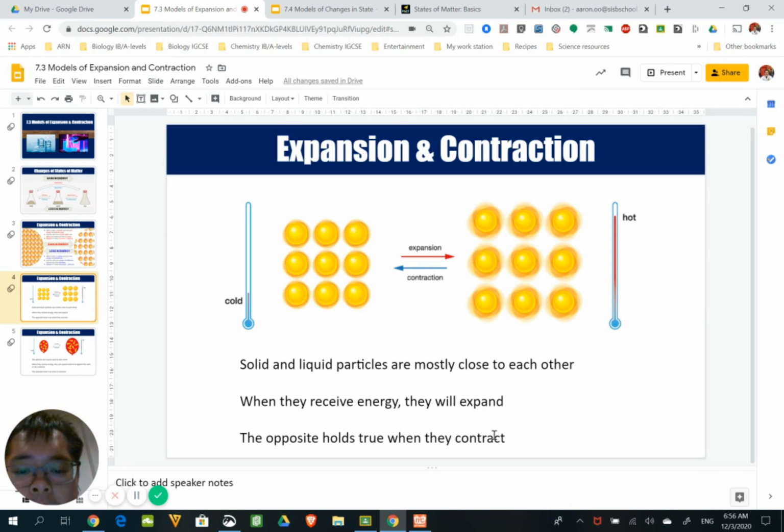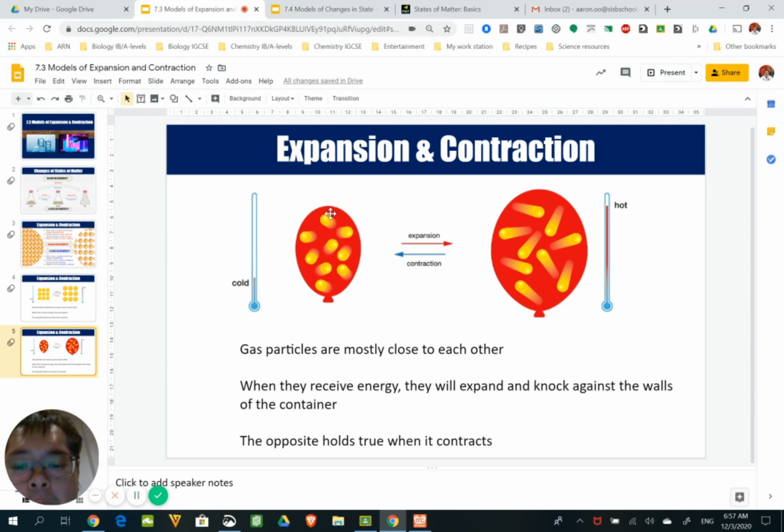Next one is what we call the gas particles. If you know gas particles, they are actually very far apart, but they have a little bit of a special property here. We can just imagine them in a balloon form. So when the gas particles receive energy, and of course they are already further apart, what will happen here is they will knock against the walls of the container.